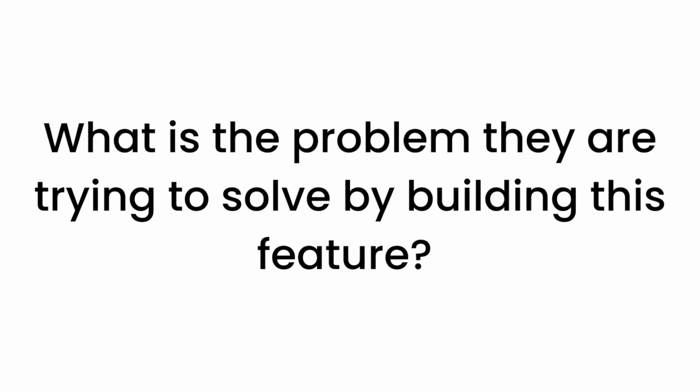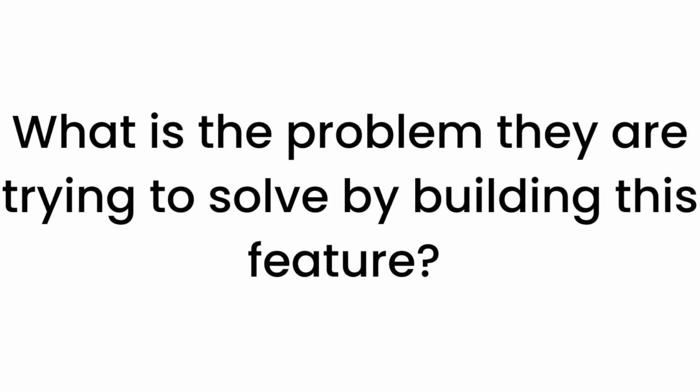So the trick is to move from output to understand what is the problem people are trying to solve by building this feature. And in order to do that, you just need to talk to the people who have this idea around what they want to build, and go back and back and back and be like, okay, this is why I really wanted this feature delivered within this time frame.